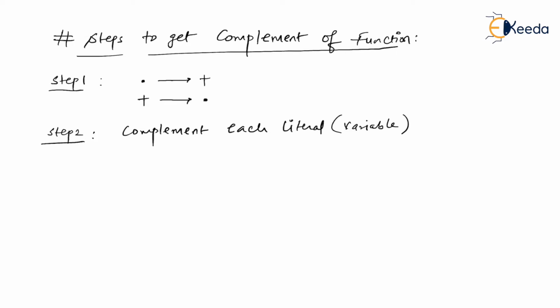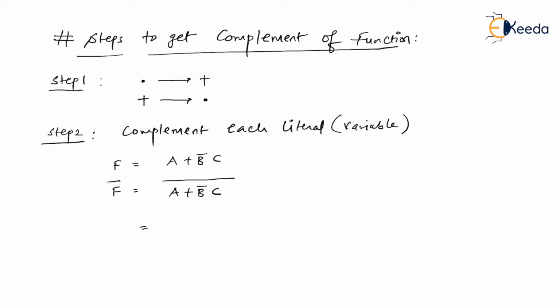Now let's take the previous sum again. F given was a plus b bar c. Now I have to get f complement. So how to get the answer in two steps? In step number one, wherever there is a dot, replace it with sum, and wherever there is sum, replace it with dot.